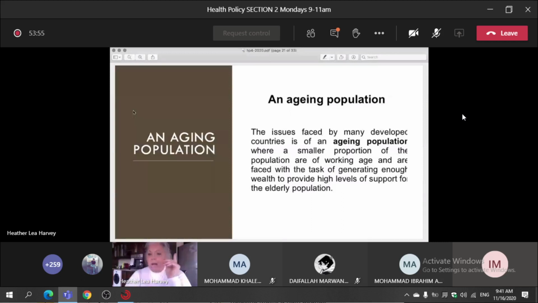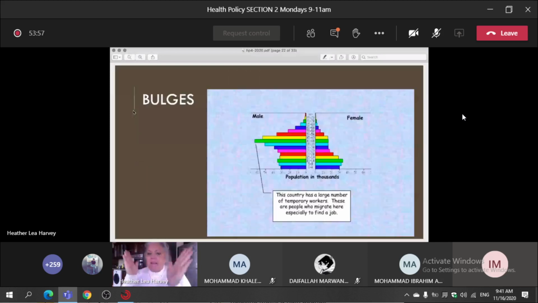Now, a couple of you asked me, is there a chance you see some really strange bulges? And I said, I promise you, it's coming. This is an example of a bulge. What you notice is that in the working age, we start to see a lot of men. Not the females, no real change there, but we see this huge growth in males.